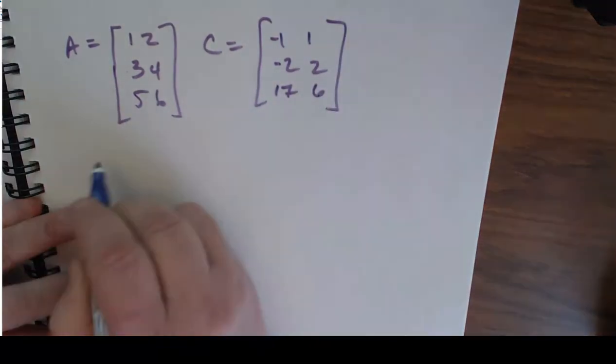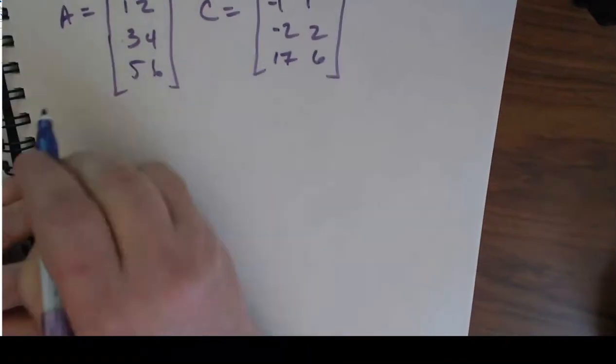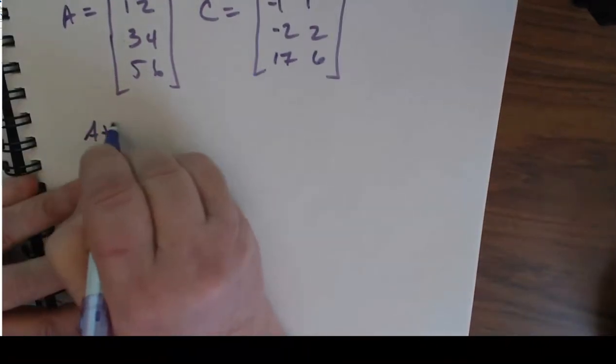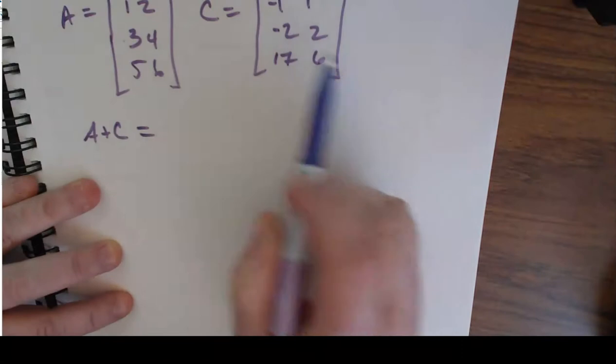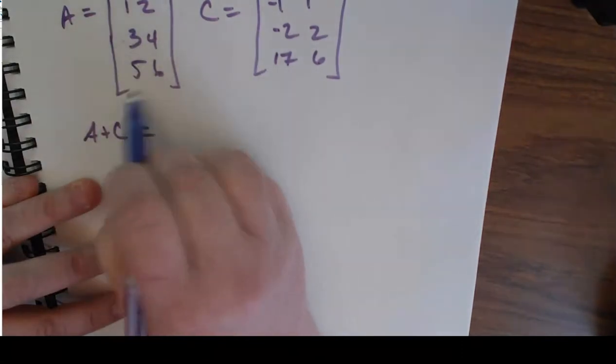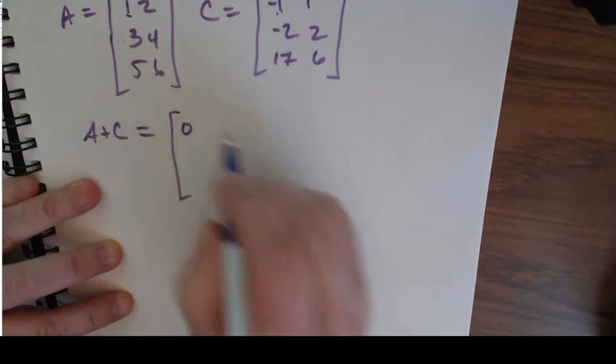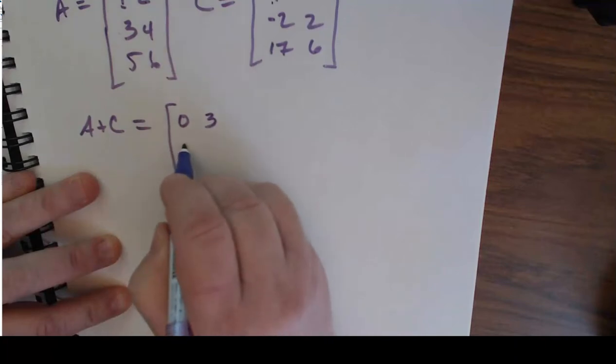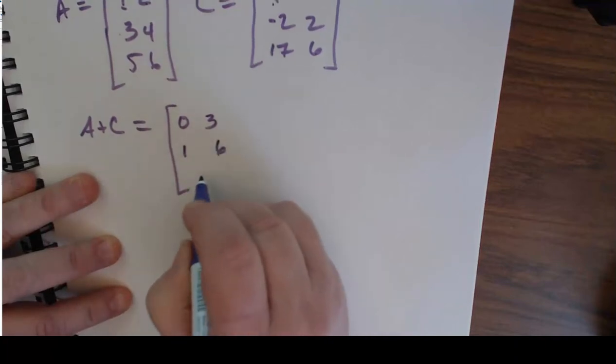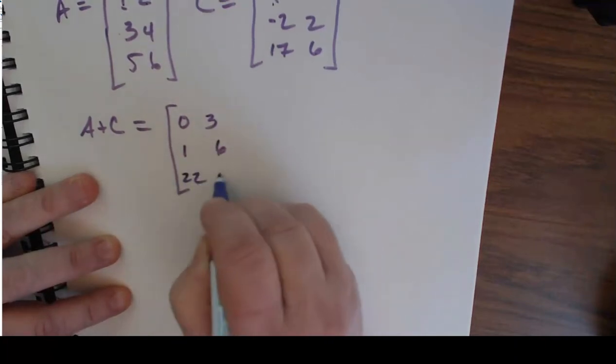If we do A plus C, we do this component-wise, so we're going to have 3 by 2 when we're done. 1 plus -1 is 0. 2 plus 1 is 3, and so on. 17 plus 5 is 22, and 12.